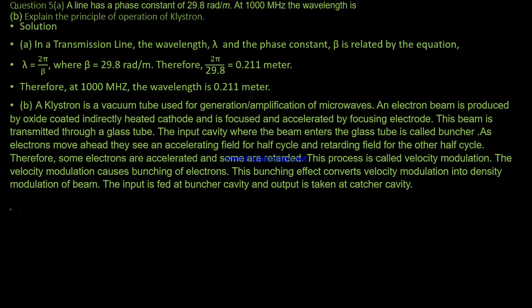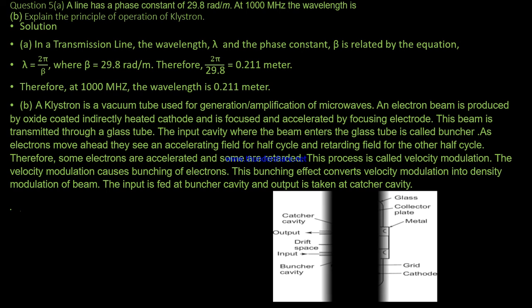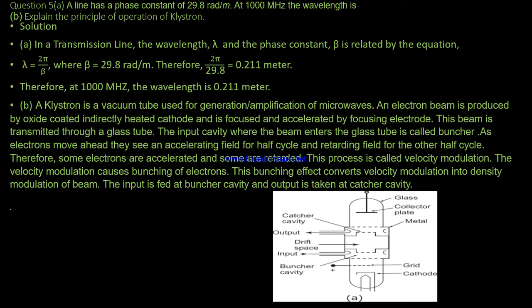Now the B part, explain the principle of operation of klystron. A klystron is a vacuum tube used for generation and amplification of microwaves.